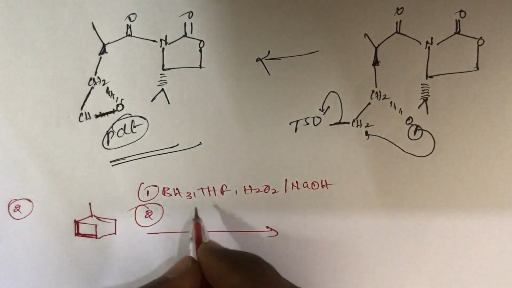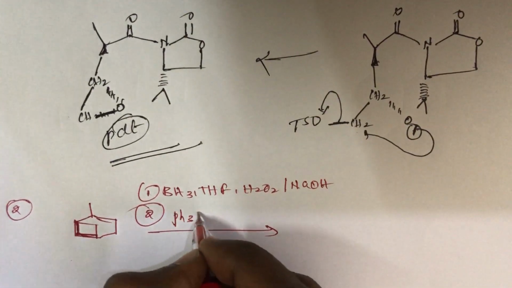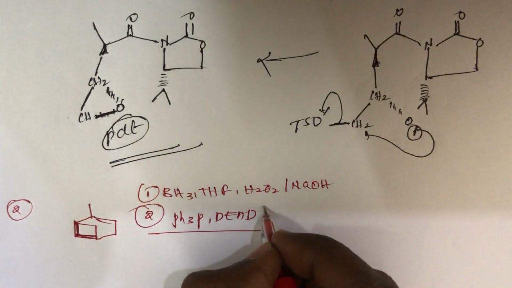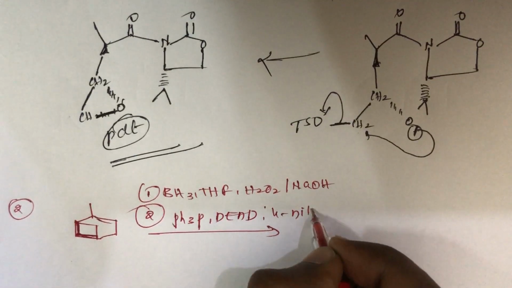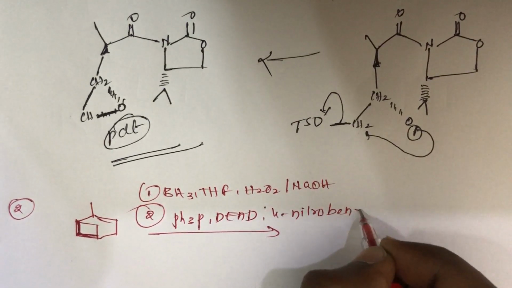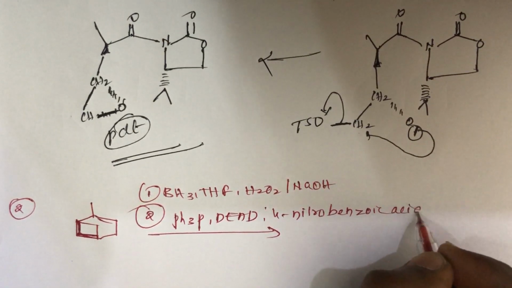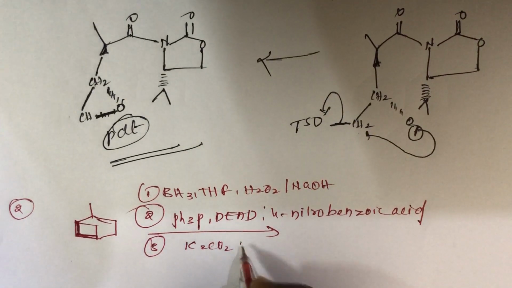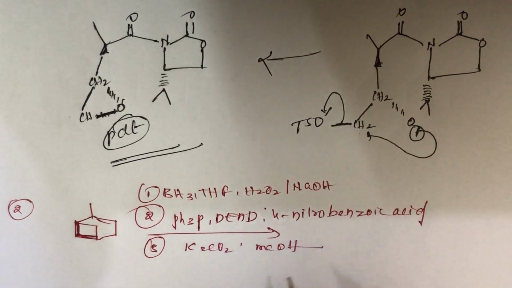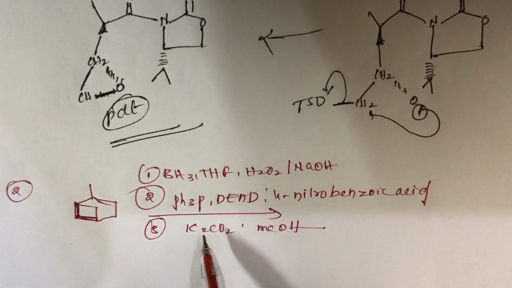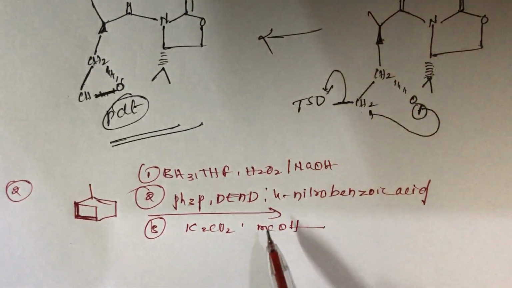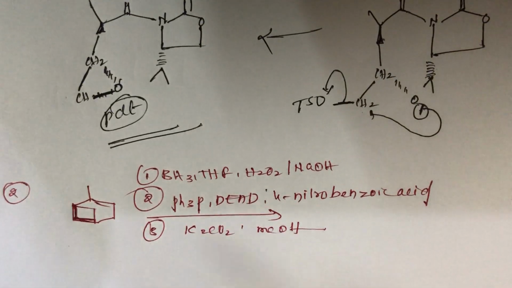Again it is treated with PPh3, DEAD and 4-nitrobenzoic acid. And the third one is basic media. See, K2CO3 is basic, dissolved in methanol. Potassium carbonate is dissolved in methanol, then we get basic media.